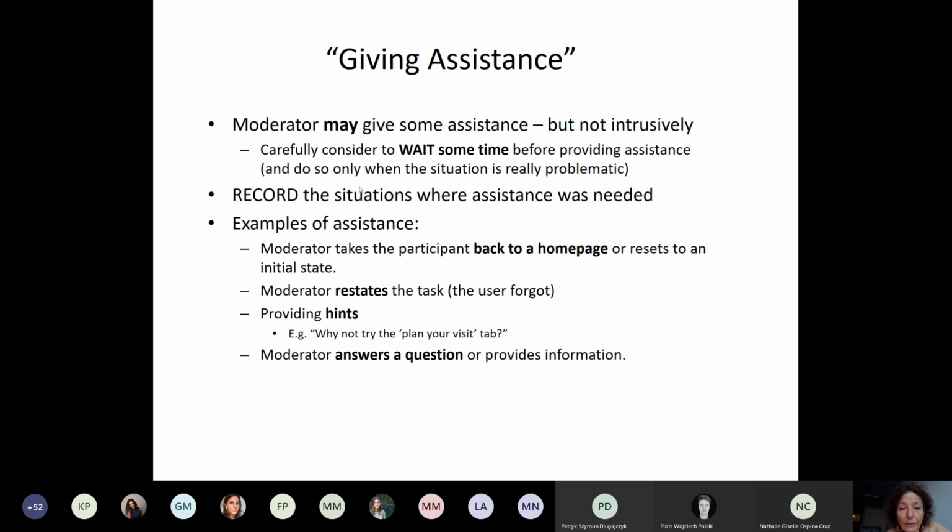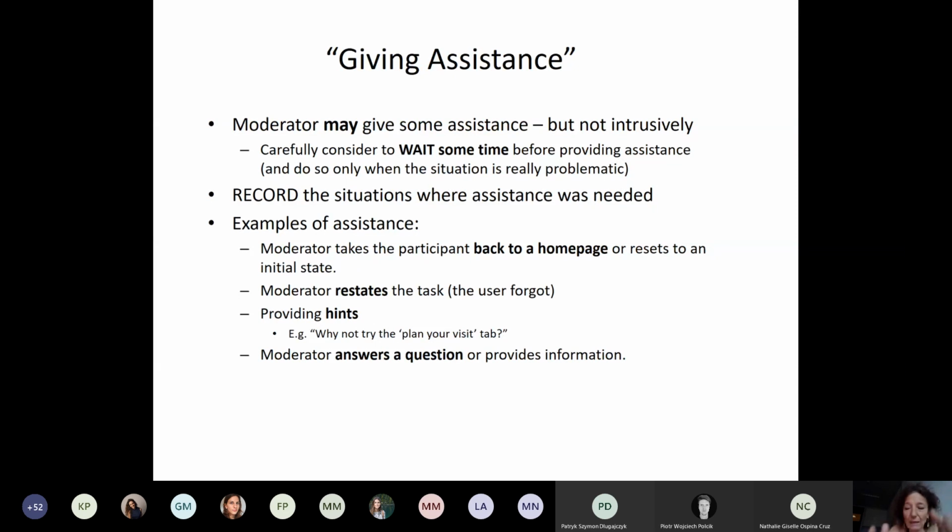Can we use different modalities of testing together, remotely and in person? The answer is yes, in principle. Indeed, since you have required to do the test with only 5 users, it's unclear to me why you should have 2 modalities.